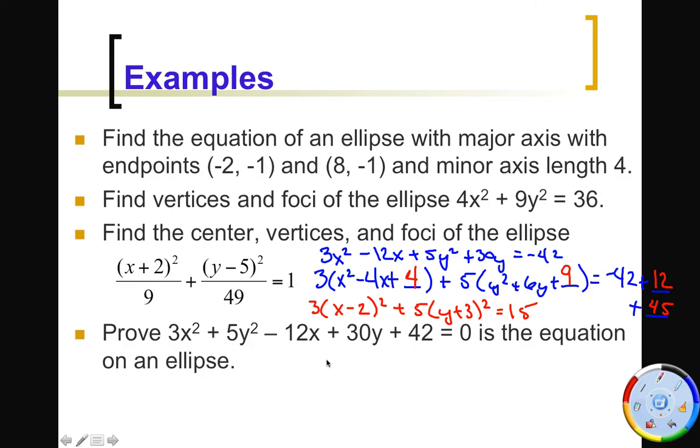And if I divide both sides by 15, I get x minus 2 squared over 5 plus y plus 3 squared over 3 equals 1. And that is for sure an equation of an ellipse. It even has a center of 2, negative 3. It's short and fat because the 5 is bigger than 3.